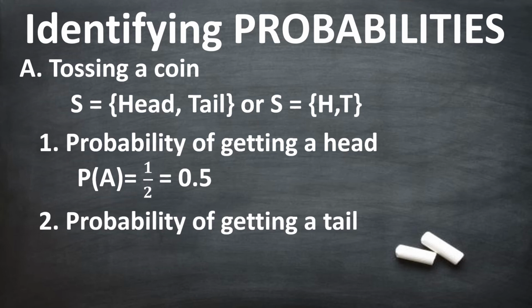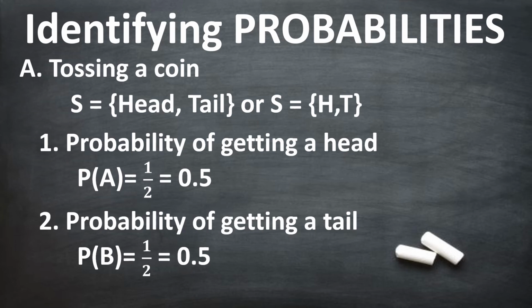So let's say the given event is the probability of getting a tail. Just like what we did in the previous event, all you have to do is name this probability, probability of B. You cannot use probability of A again since this is a different event. So in the notation, since it is a different event, we must denote it with a different variable.